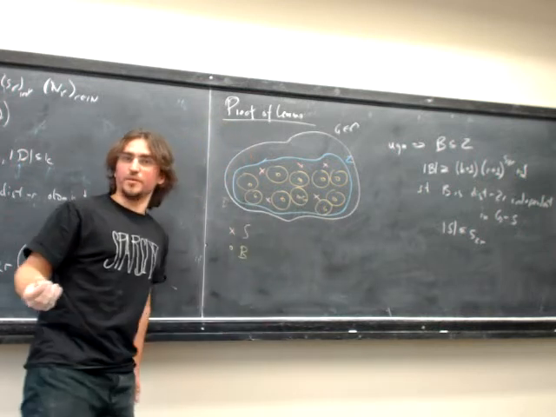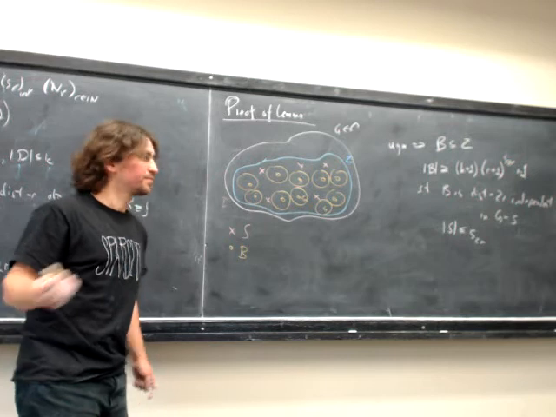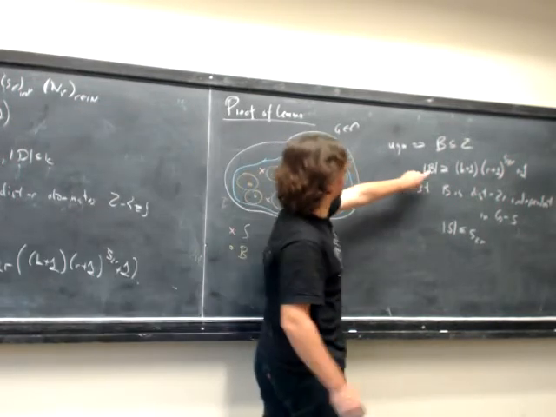This is exactly being 2r independent. Right, so B is that large.